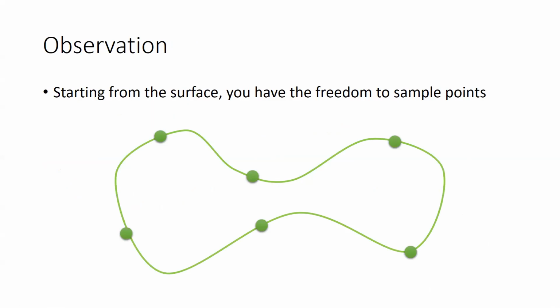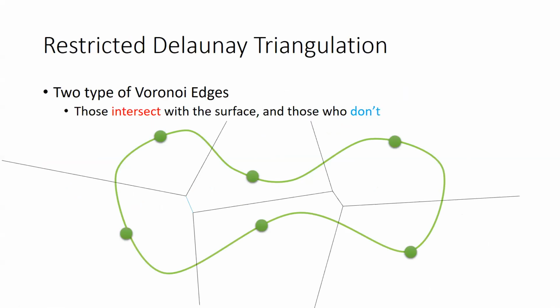And the next thing is I construct the Voronoi diagram. But you can see there are two types of Voronoi edge: those that intersect the surface and those that don't. For example, you see the red edge intersects the surface, and the blue one doesn't. But you say, wait a minute, how do I know whether an edge is intersecting the surface or not?